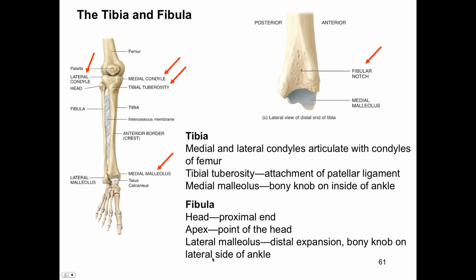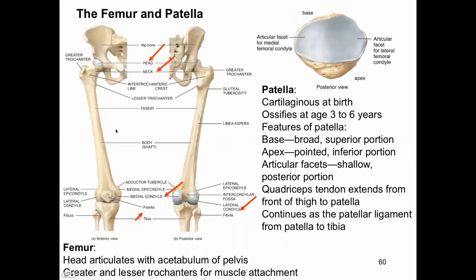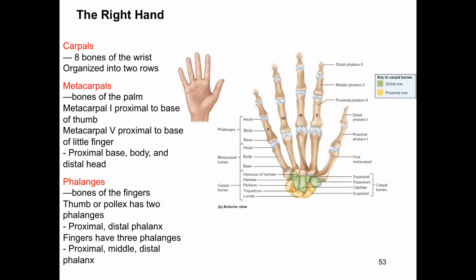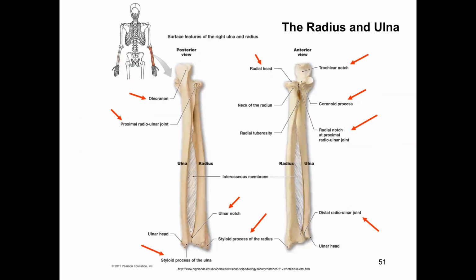Now, something I kind of skipped over: these interosseous membranes. Notice there's an interosseous membrane between the fibula and the tibia. And there's also an interosseous membrane that I skipped over between the radius and the ulna.